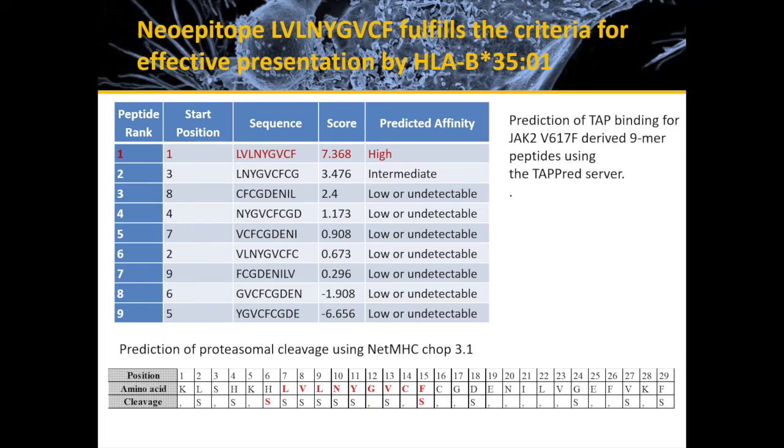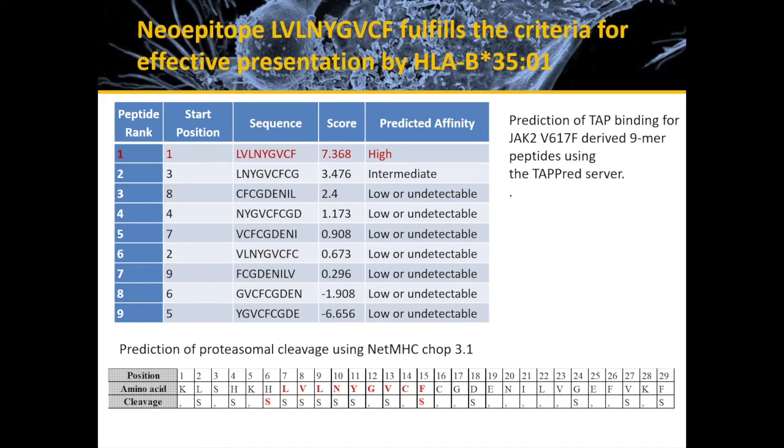Our results showed that our best binding peptide can be easily produced by proteasomal degradation from the JAK2 V617F mutant protein, and this predicted best binder is also the best binder to TAP transporter proteins among all possible nonamer peptides harboring the JAK2 V617F mutation.